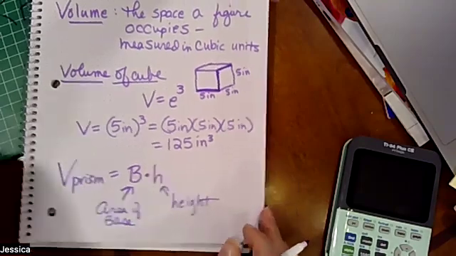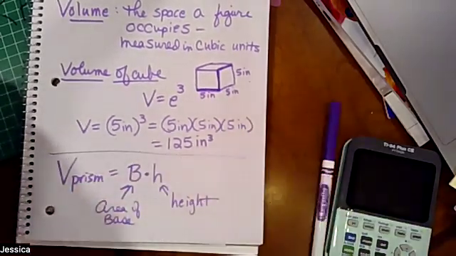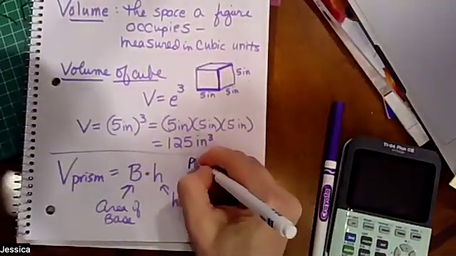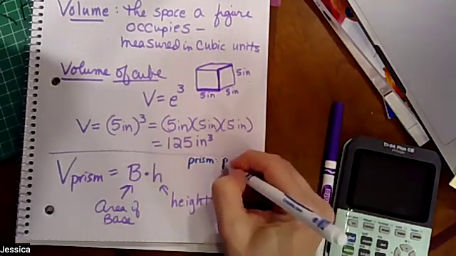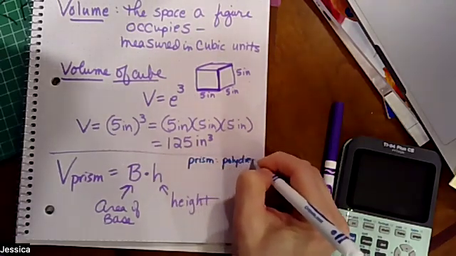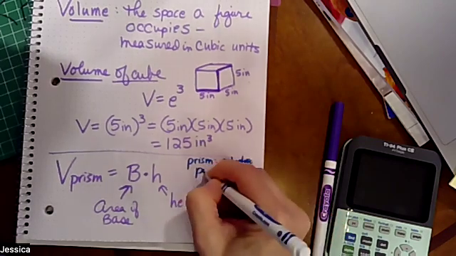Okay, so I will remind you all of this. A prism is a polyhedron. I misspelled that.